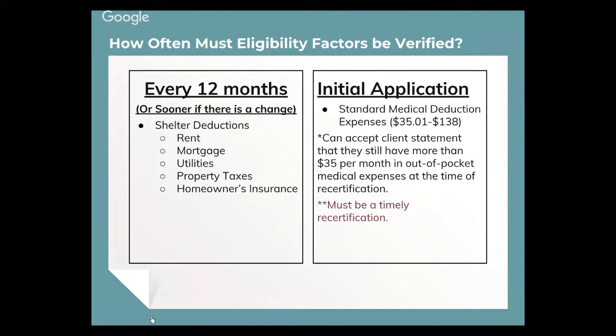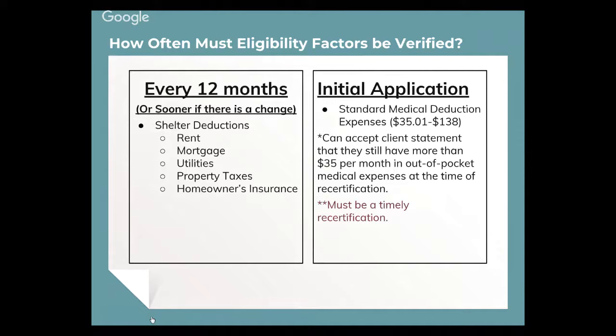If that case is certifying timely and there have been no changes to the amount of rent that they pay or to the amount of property taxes that they're paying, and we verify that once every 12 months, we're good to go. As long as we put it in the narrative, make sure you're documenting that verification submitted such and such date is still current and has the correct amount on it. Make sure you're documenting that within the narrative.